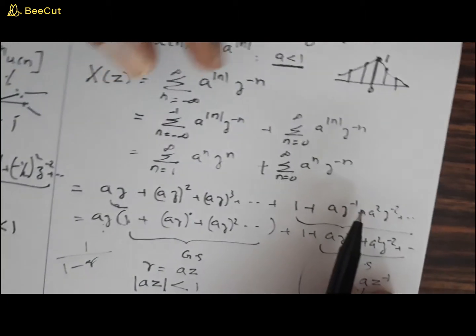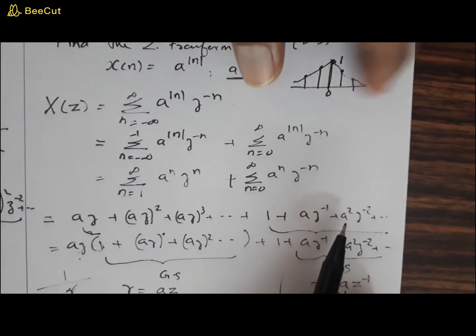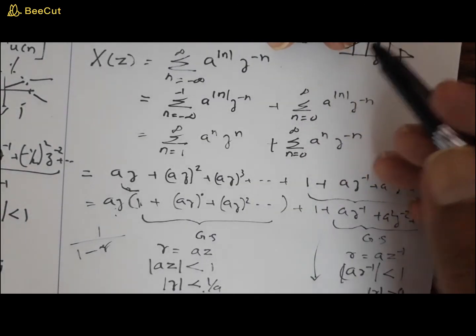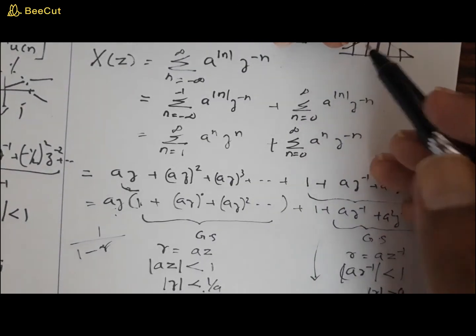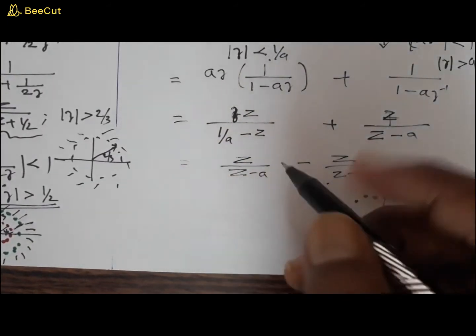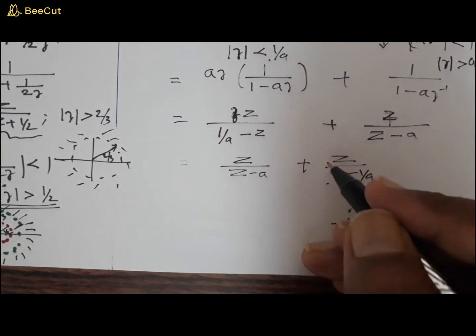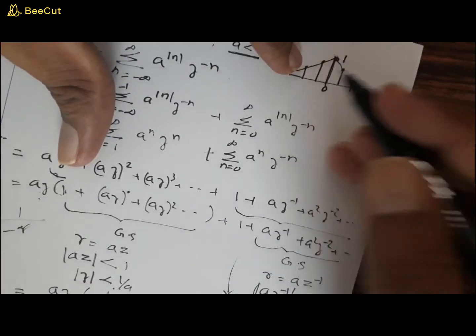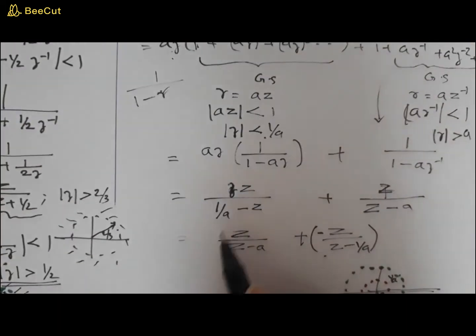One is the non-causal part, the other one is the causal part. This is the Z transform of this non-causal part, while the causal part is the transform of this.